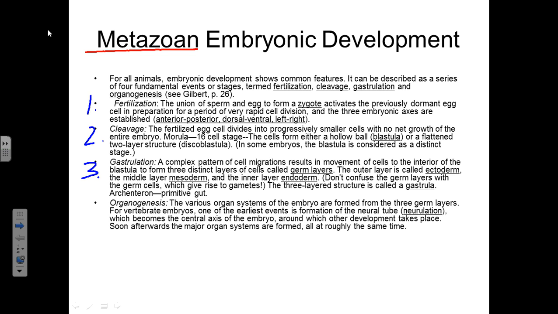Another thing that happens during this stage is that at one side, this embryo starts to pinch in on itself, starts to invaginate. And the opening into that ball is going to become what?